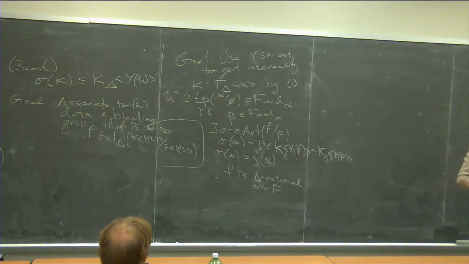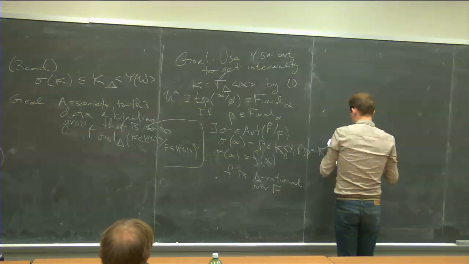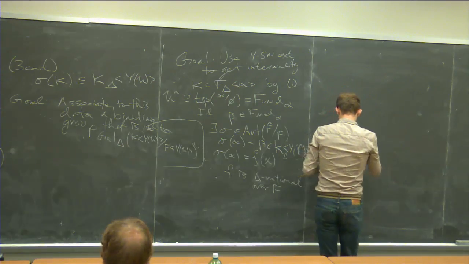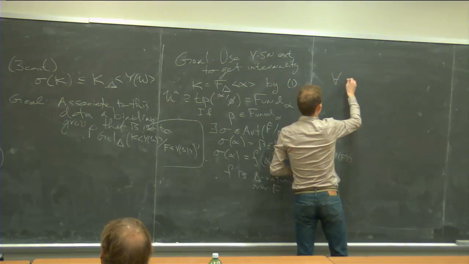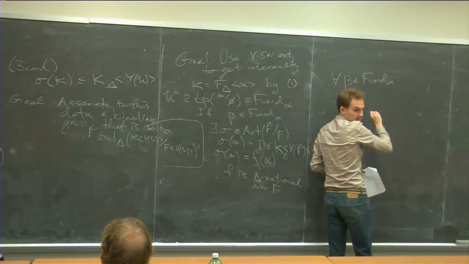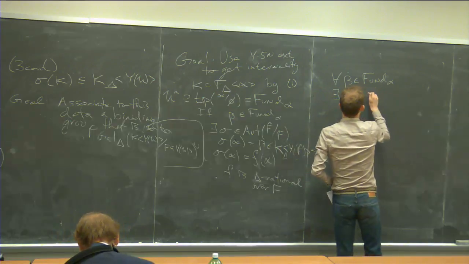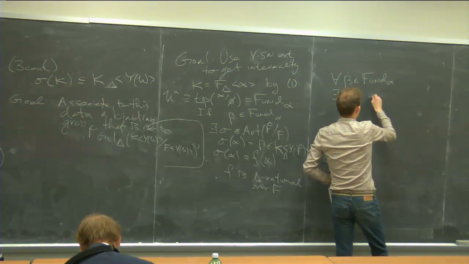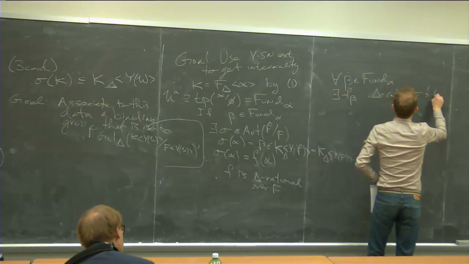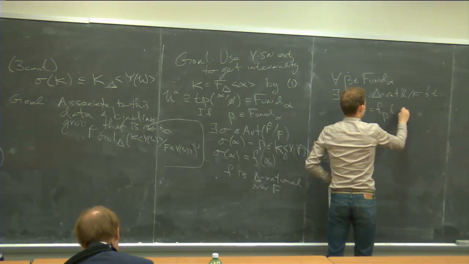And so now what this tells us is, so for all elements beta in fund alpha, there exists some definable function f beta, in other words delta rational over y, such that beta equals f beta of alpha.